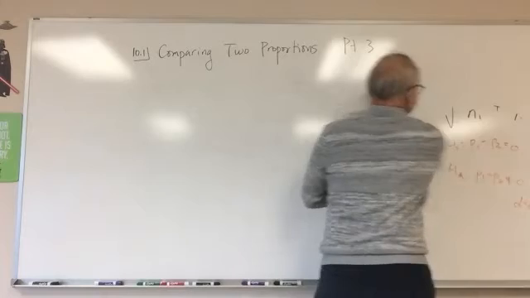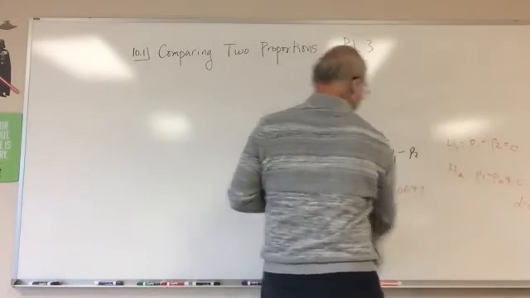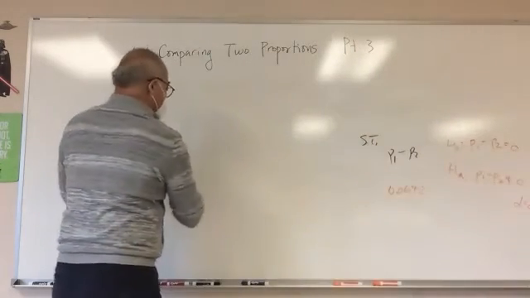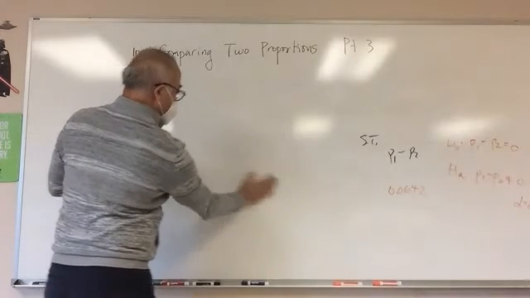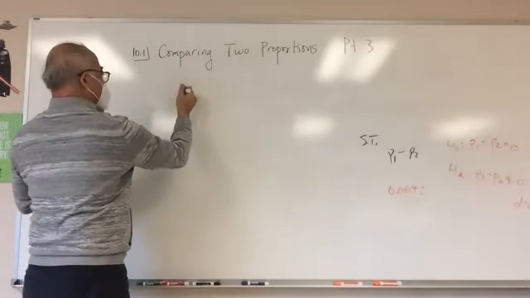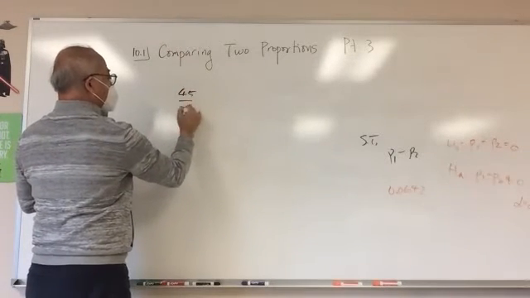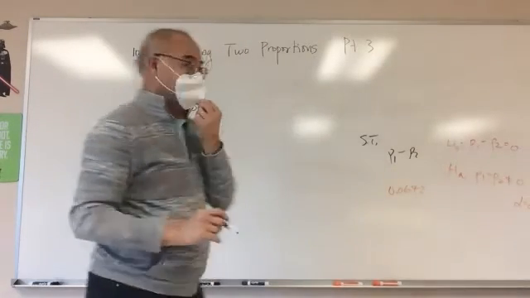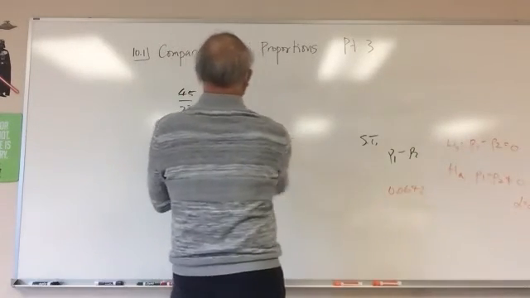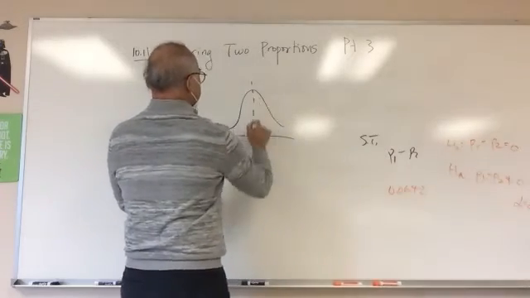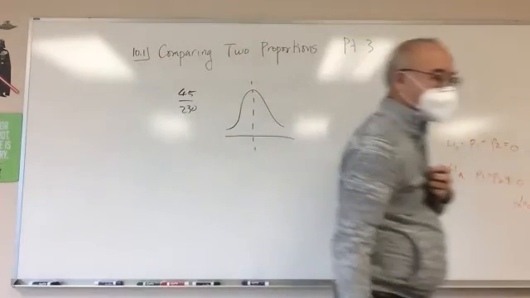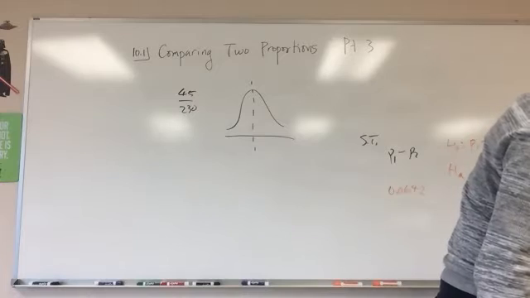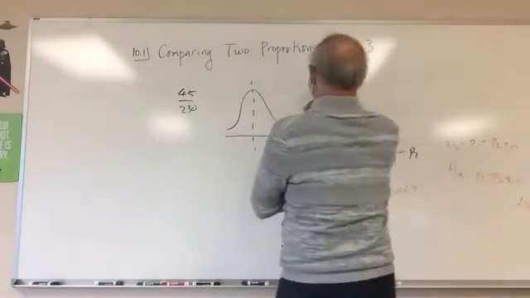Okay, so we're going to have 45 over 230, right? That is the mean. So that is going to be your mean like this. And what was that value? That was 0.196.